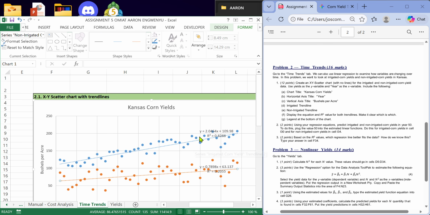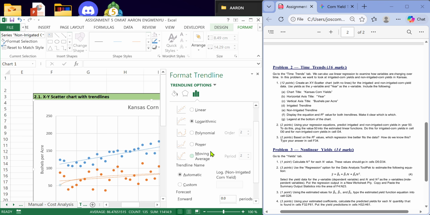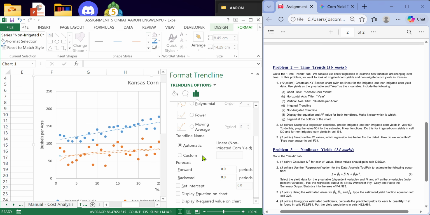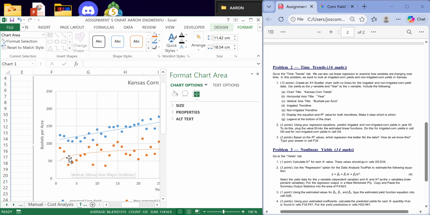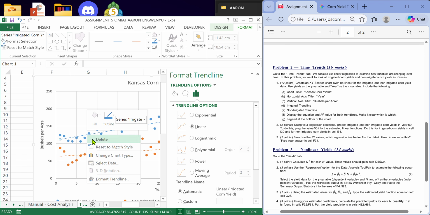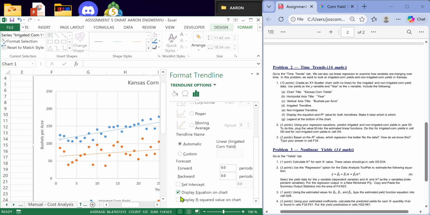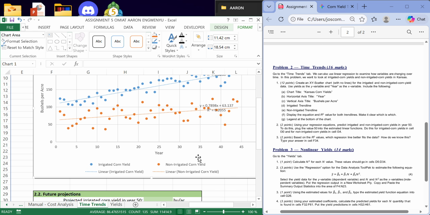Seems I have more than one trend line. Okay, my mistake, I had entered two trend lines earlier.